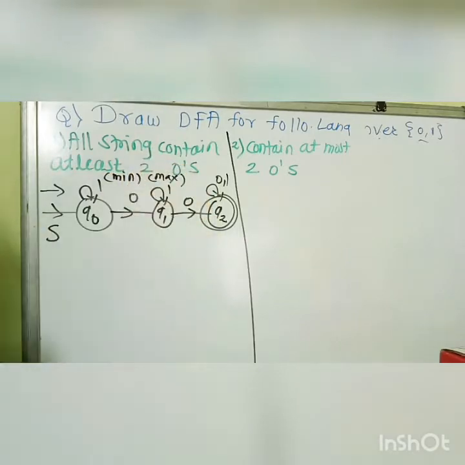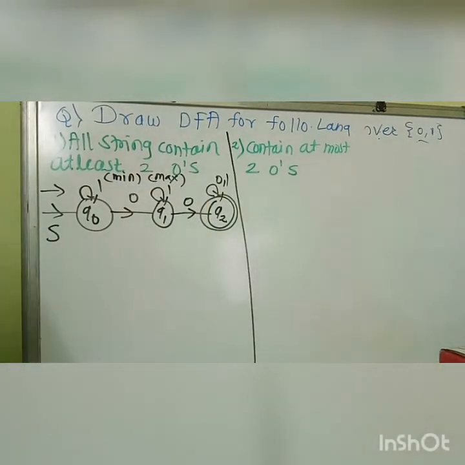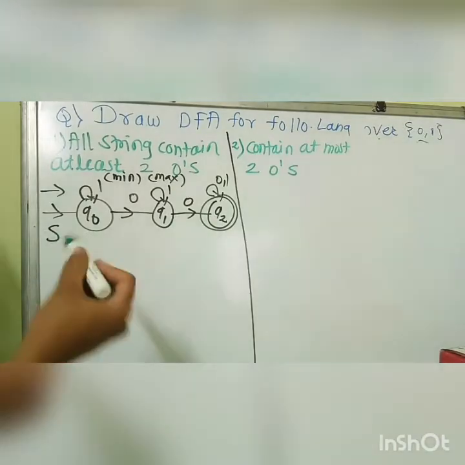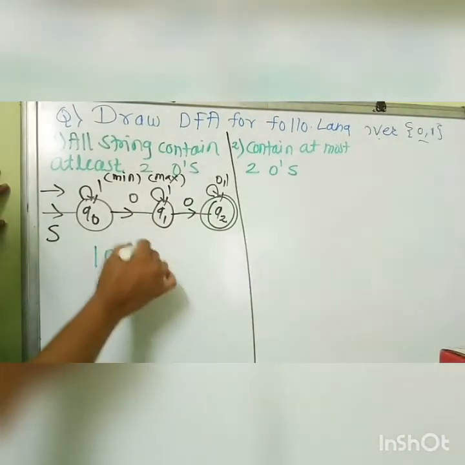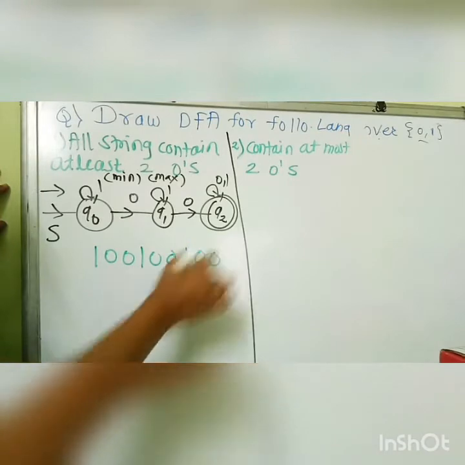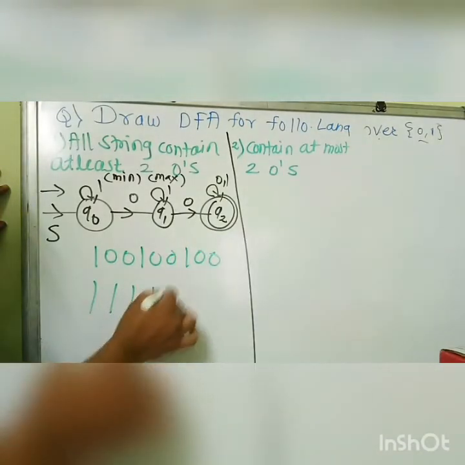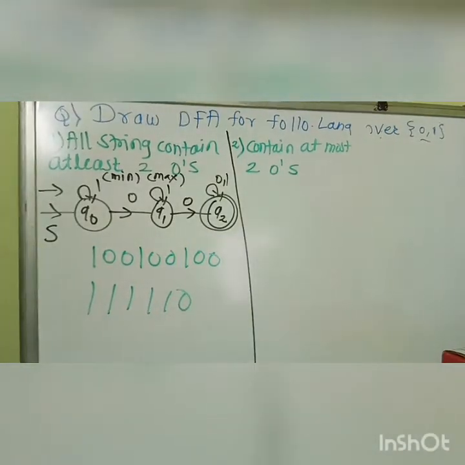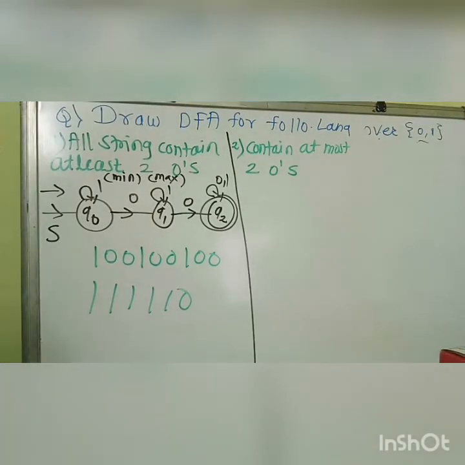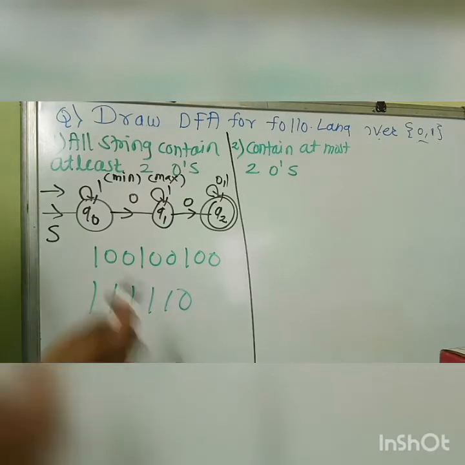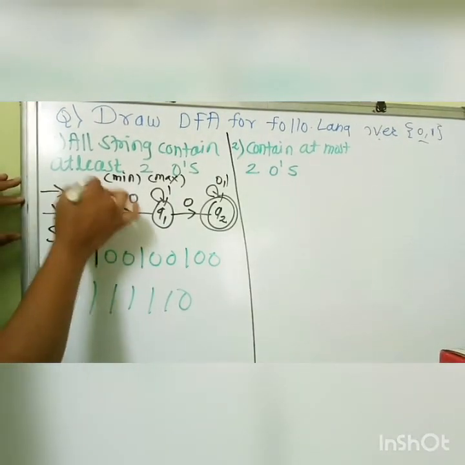So take one example of a string like 1 0 0 1 0 0 1 0 0 and one like 1 1 1 1 0. The first is the correct string, the second is the wrong string. Tally this with our machine. If 1 comes, stay here.